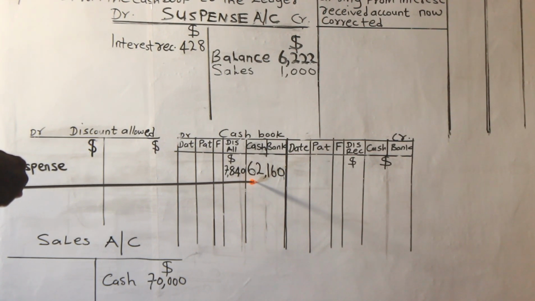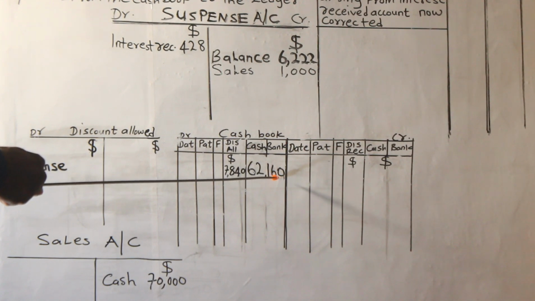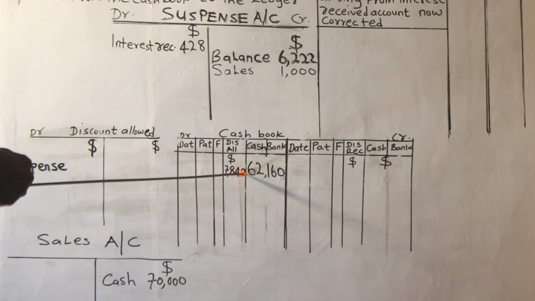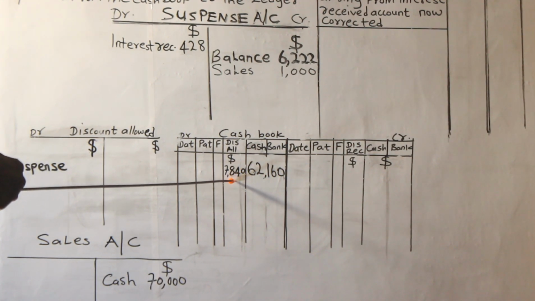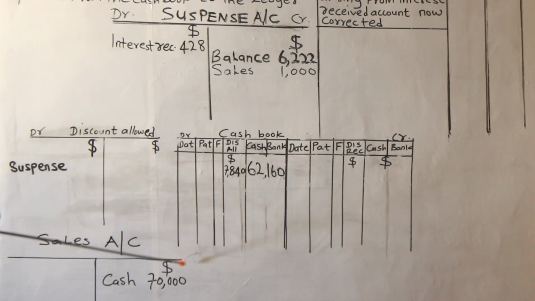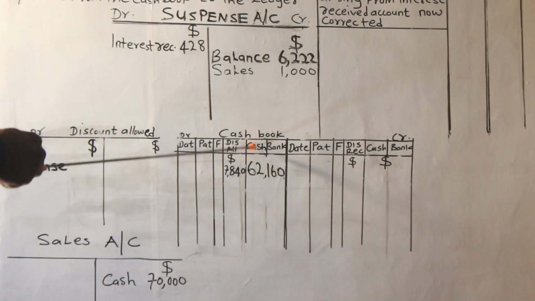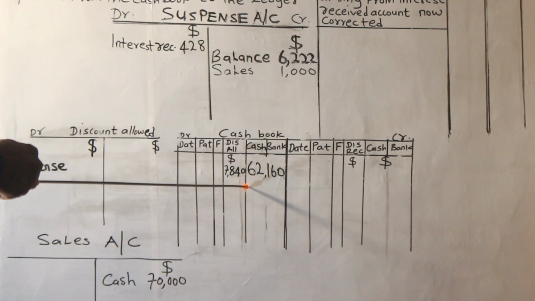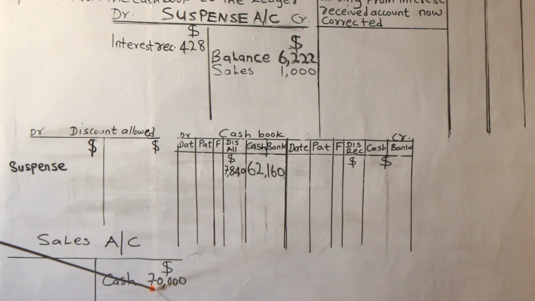However, because discount existed, the cashier was debited with $62,160, while 7,840 is the discount allowed. If you add these two figures, it will give you back $70,000. However, because there has been a credit entry, there must be a corresponding debit entry of 70,000 before the account will balance. Now, on the credit side of the trial balance, it will recognize this 70,000.